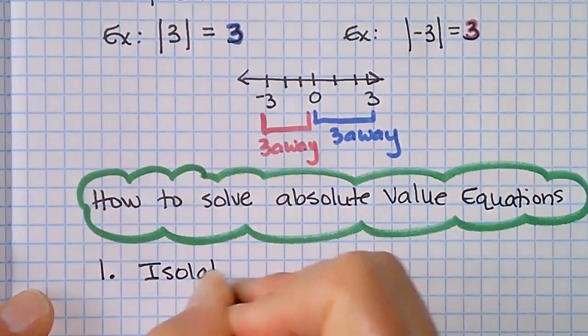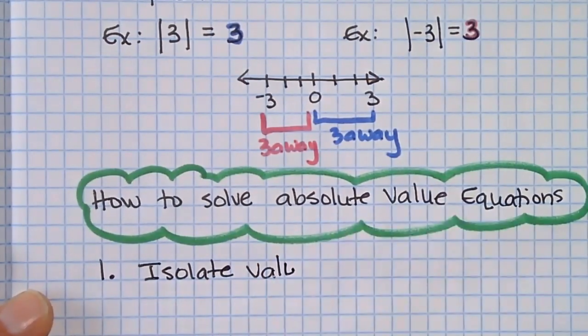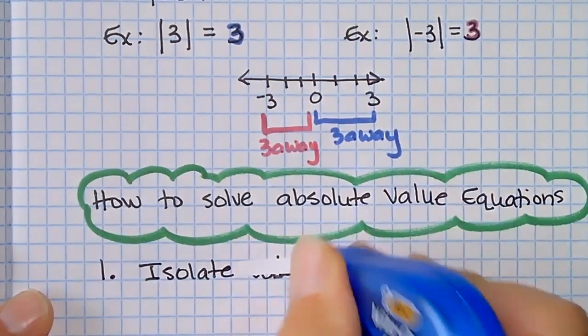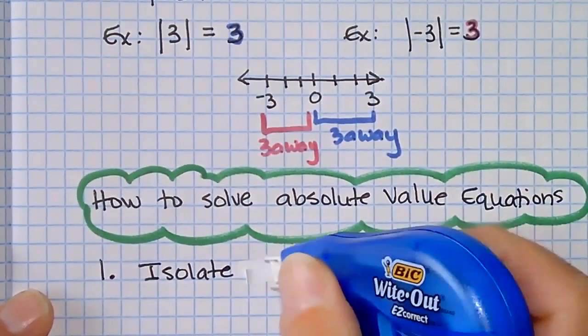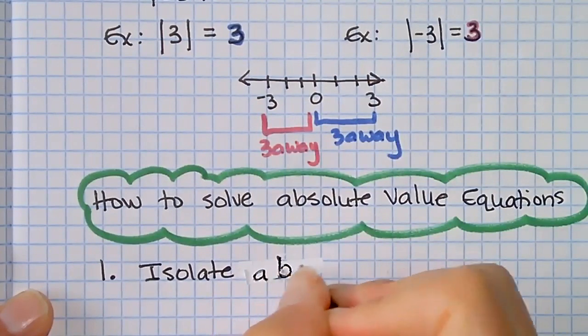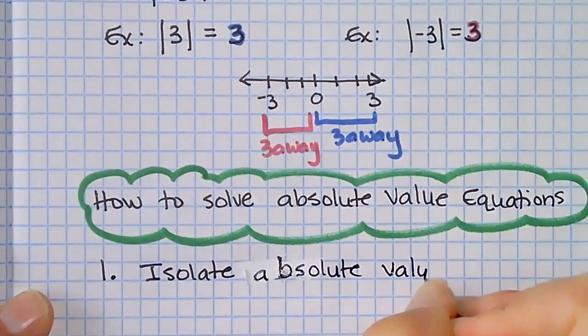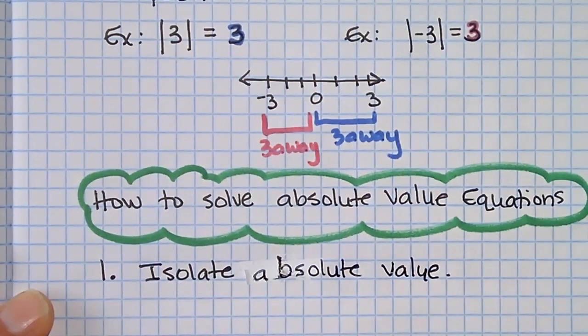That means get the absolute value by itself. Okay, that's your first step.